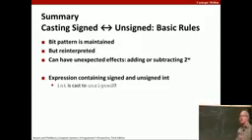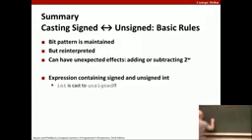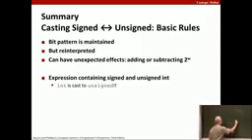And this asymmetry is the cause of no end of pain in various ways. The classic example is if you implement absolute value like so, what does this return for T min?